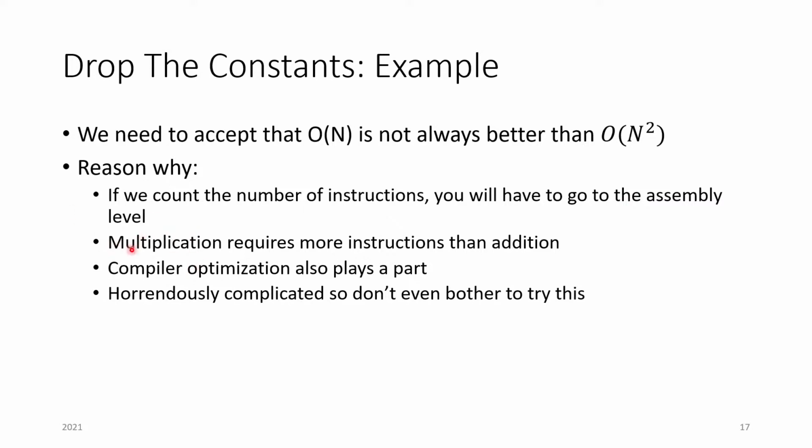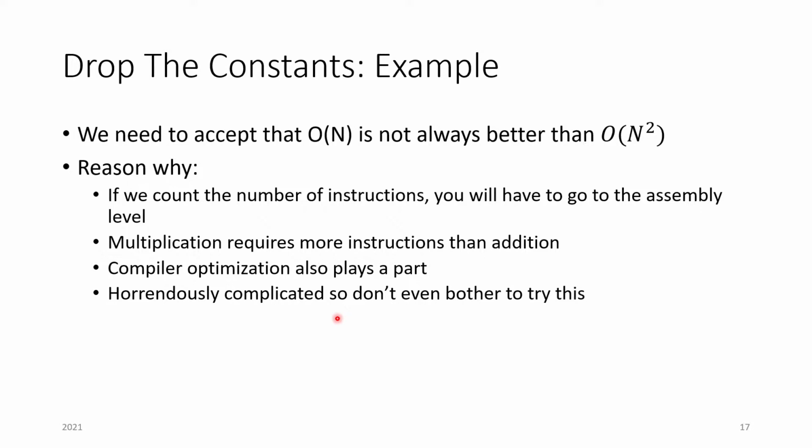When you go down to machine code, multiplication operations in particular require a lot more instructions than addition. And your compiler hides this from you because it does a lot of optimization. So we don't really care about all this machine code. It's horrendously complicated, and we're not going to be focusing on this.